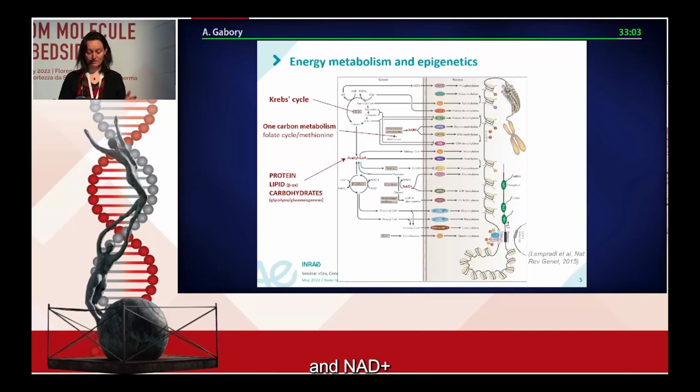NAD+ is also important. All that will act on histones and regulate histone demethylation and methylation, DNA methylation, and histone acetylation, but also a huge number of other epigenetic marks that are less studied than these three marks.